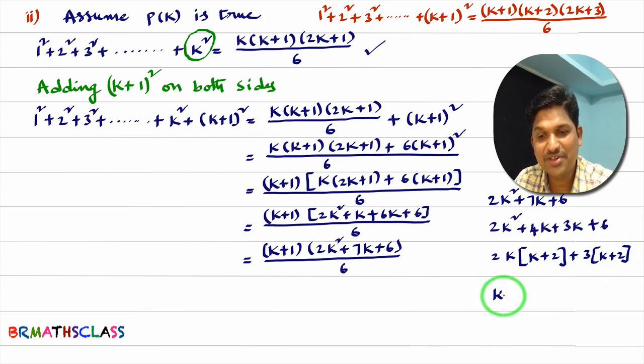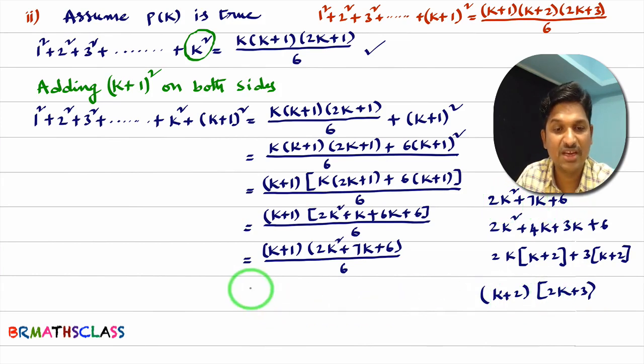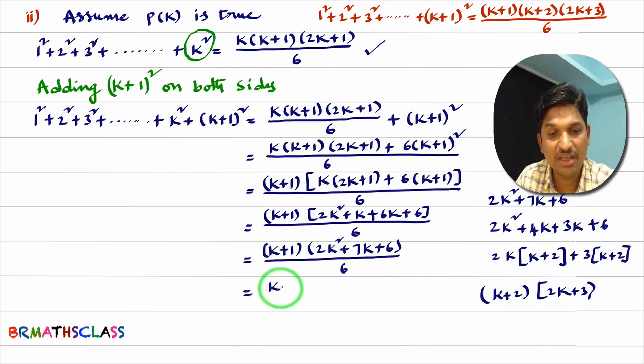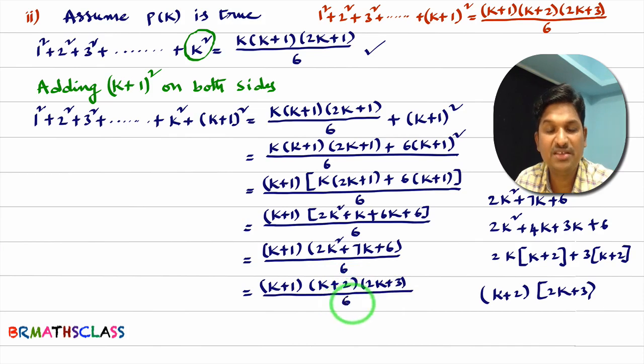You take k plus 2 common. If you take k plus 2 common, what is remaining? Remaining one is 2k plus 3. So you understand that 2k square plus 7k plus 6 can be written as k plus 2 into 2k plus 3. So in the next step I will do the same thing. k plus 1 into 2k square plus 7k plus 6 can be written as k plus 1 into k plus 2 into 2k plus 3 whole divided by 6.